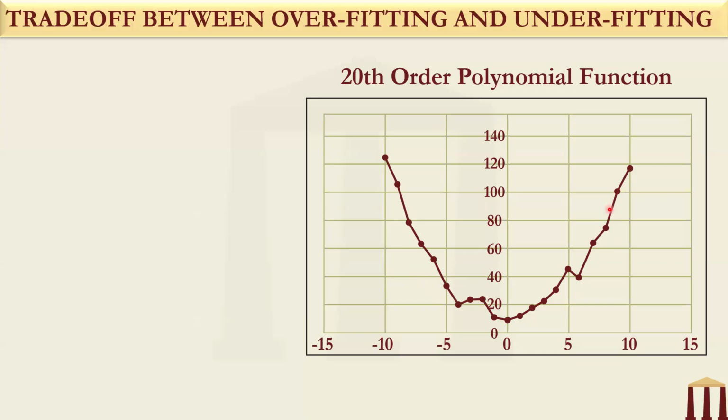So it is not only capturing the trend, but it is capturing the noise present in this data set. It looks very good, fitting the current data set perfectly, but it will perform very poorly on new data because it has memorized the noise rather than only the general pattern.